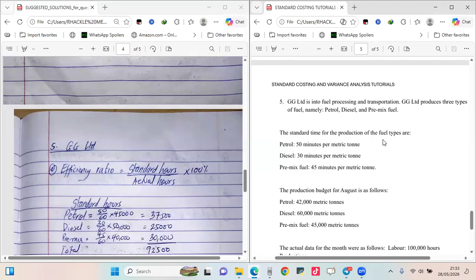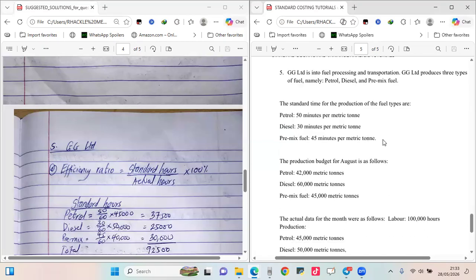Now, the production budget for August is as follows. Petrol is having 40,000 metric tons. Diesel is having 60,000 metric tons. And premix fuel is having 45,000 metric tons.